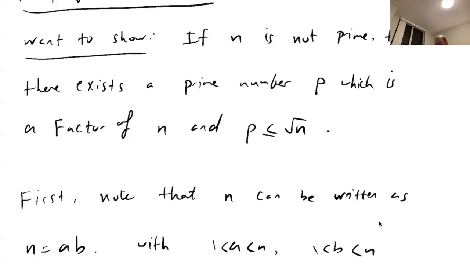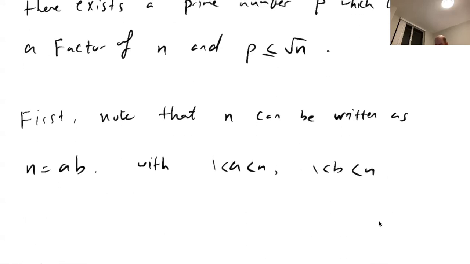Right? My assumption is that n is not prime. If n is not prime, it can be written as a product of two numbers, and none of those two numbers are 1. Therefore, both of them are between 1 and n.